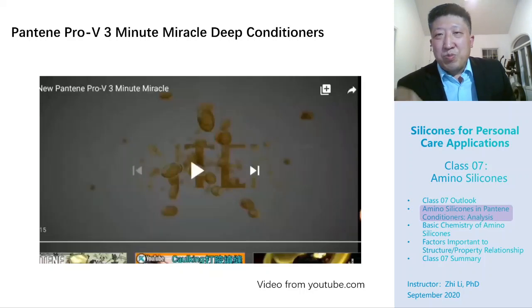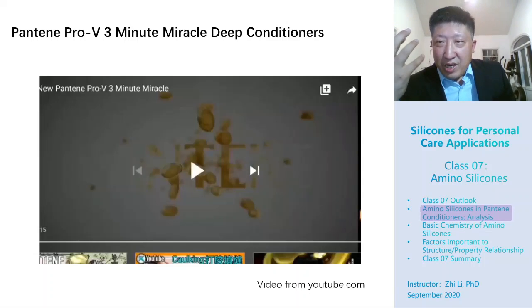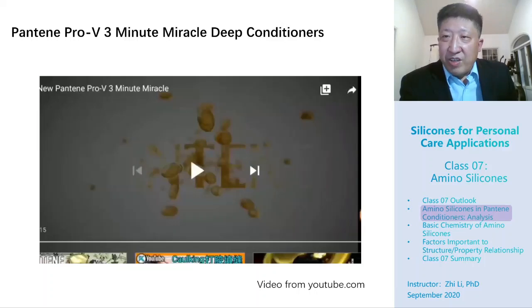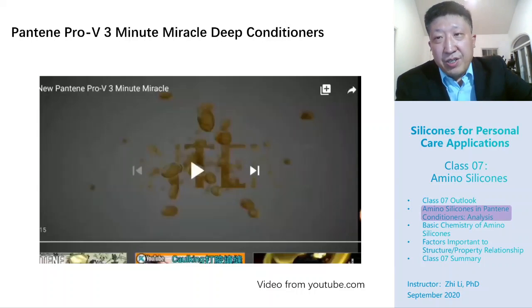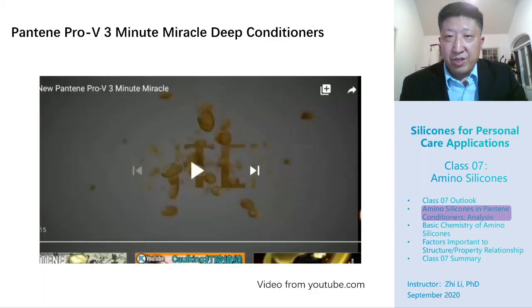I would assume there may have been some setback in the past 6 months for this type of quick repair product because of the COVID virus situation. But I think in the long term it's still going to take off again for these miracle repair conditioners. Let's see some commercials from Pantene. Maybe it can tell us something.